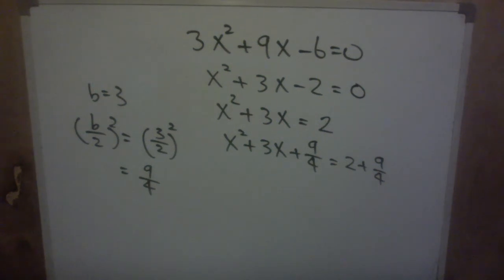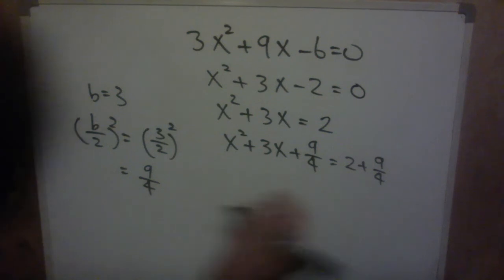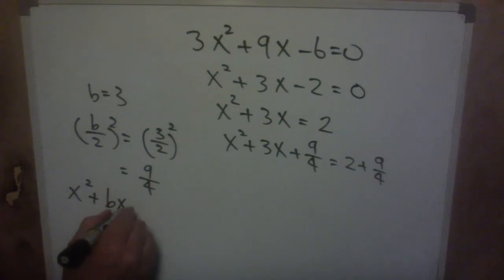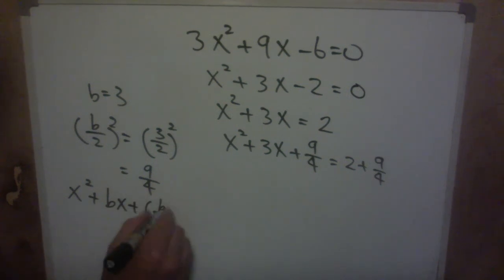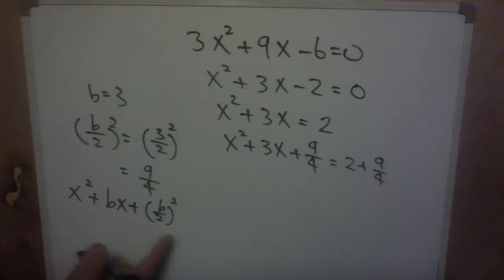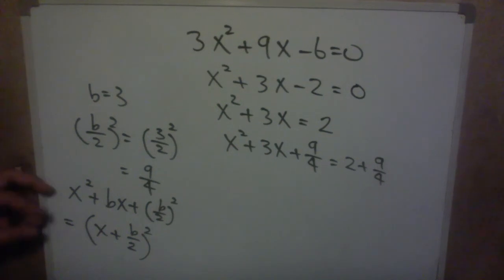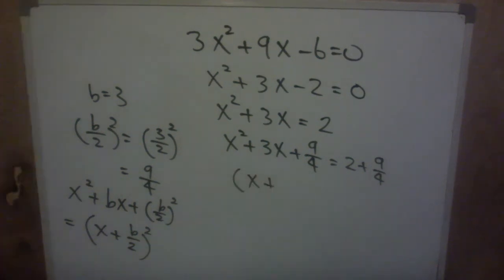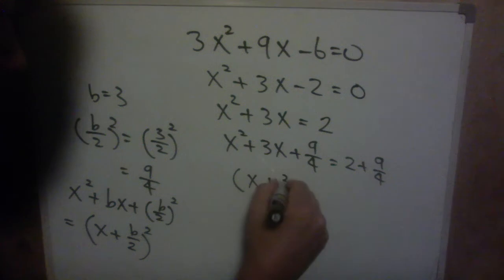The key here is the left-hand side right now is in the form x squared plus bx plus quantity b over 2 quantity squared. So this can be factored as x plus b over 2 quantity squared. We're going to take advantage of this to factor the left-hand side. b over 2 was calculated earlier, so that's just 3 halves.